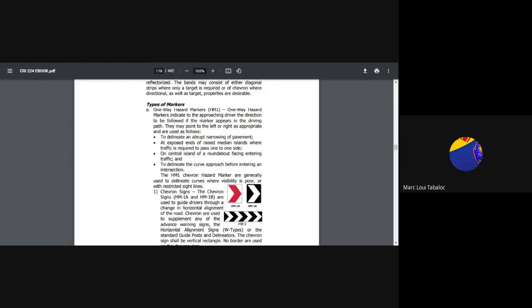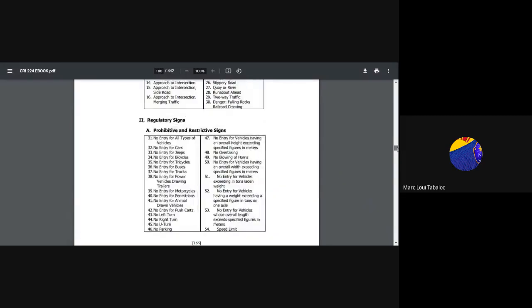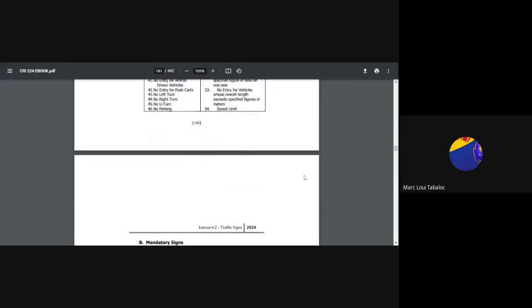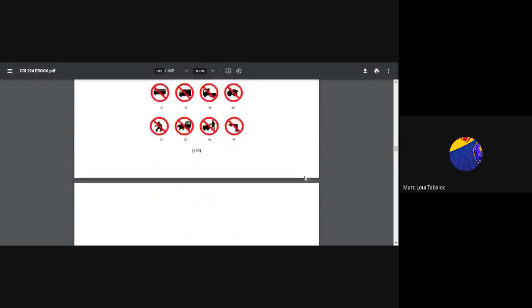It denotes the direction of the road's curve. It's horizontally aligned, and many are placed depending on the tightness or wideness of the curve on the highway. And there are so many road signs.